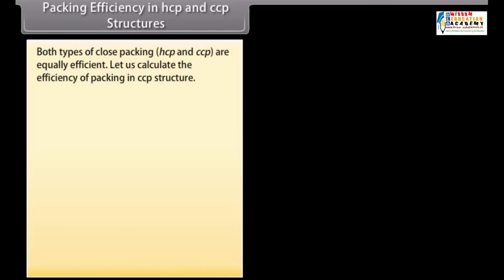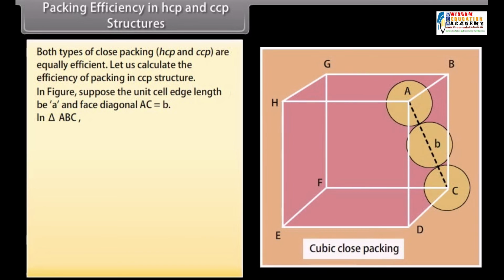Packing efficiency in HCP and CCP structures. Both types of close packing, HCP and CCP, are equally efficient. Let us calculate the efficiency of packing in CCP structure. In the figure, suppose the unit cell edge length AB is a and the face diagonal AC is equal to b.